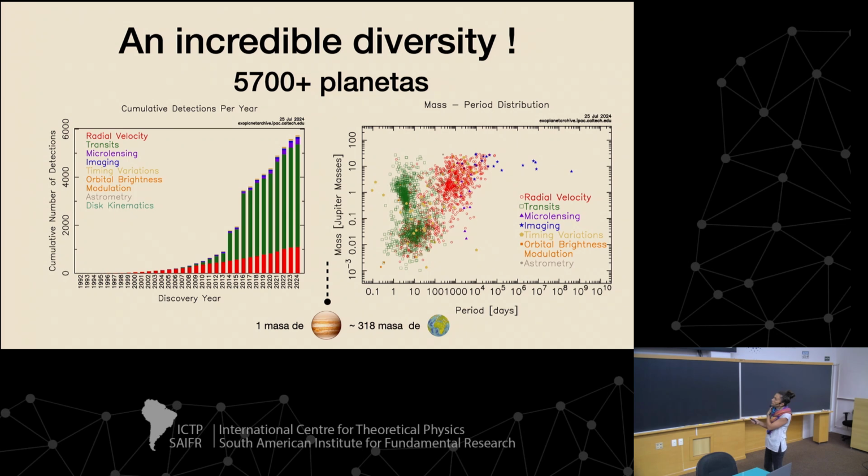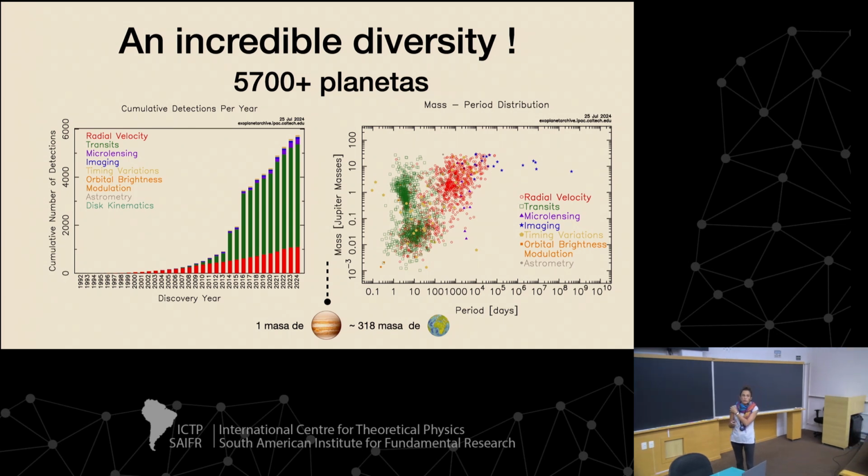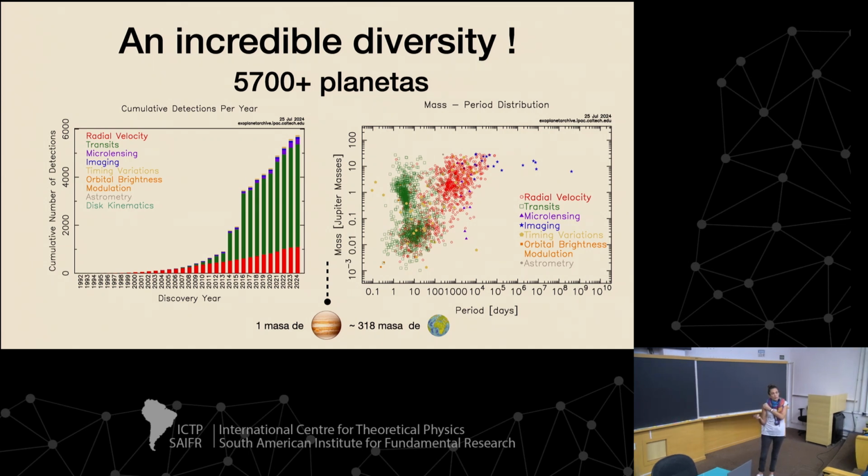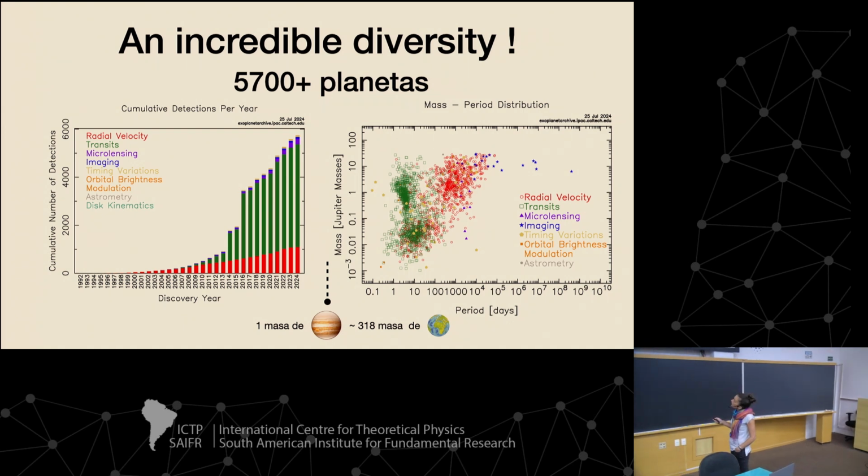Most of them are discovered by transit, because of course with the development of technologies such as the Kepler telescope and now the TESS telescope, you have many more detections by transit. And then you also have radial velocity, which is quite important. The first planet was discovered by radial velocity. And then you also have a teeny tiny part of microlensing, direct imaging, and timing variation.